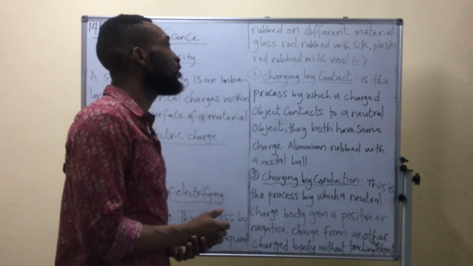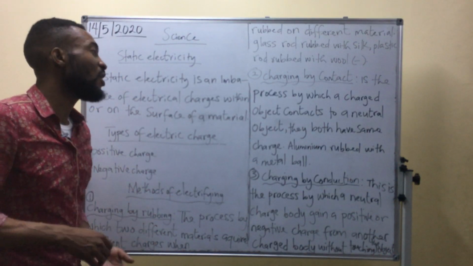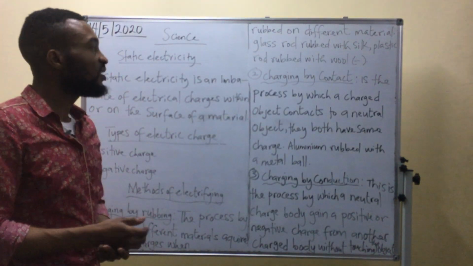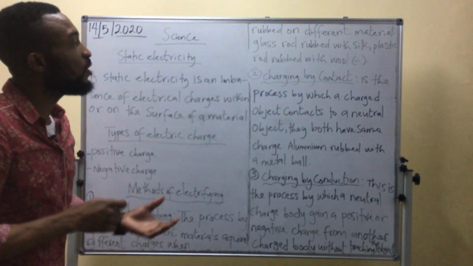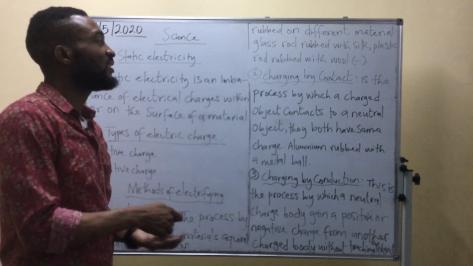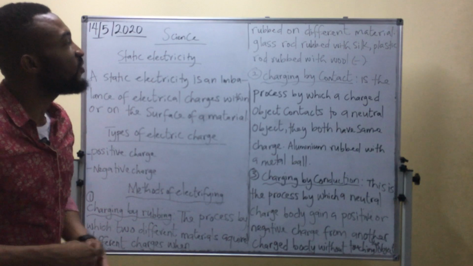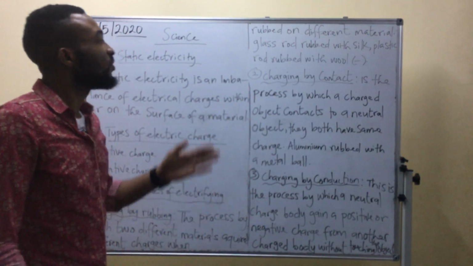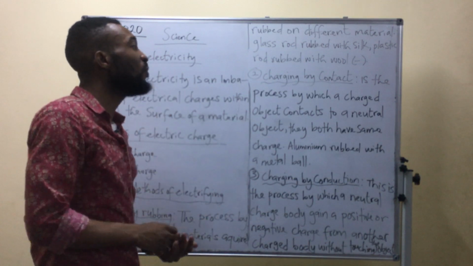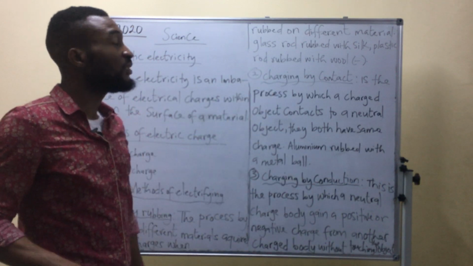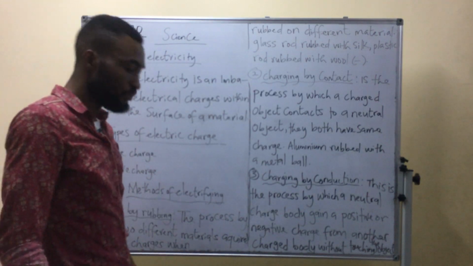If you take a glass rod and rub it on silk, we all know what silk is, silk is like our cloth, it's made of silk material, it will acquire a positive charge. But if you take a plastic rod and rub it on wool, we know what wool is, you will get a negative charge. So that is charging by rubbing.